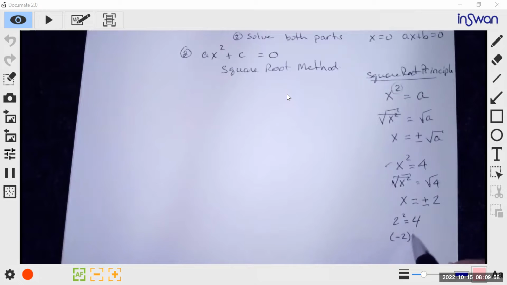And negative 2 squared also equals 4. So the answer could be positive or negative. Also, the degree tells us we're going to have 2 answers, and we'll have at most 2 answers.